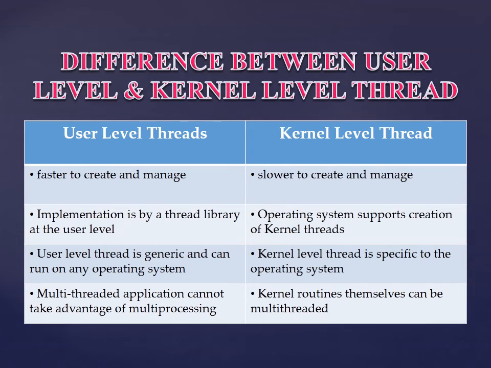The second difference is that implementation is by a thread library at the user level, while for kernel-level threads, the operating system supports creation of kernel threads. The third difference is that user-level threads are generic and can run on any operating system, while kernel-level threads are specific to the operating system. The fourth difference is that a multi-threaded application cannot take advantage of multiprocessing, while for the kernel, its routines themselves can be multi-threaded.